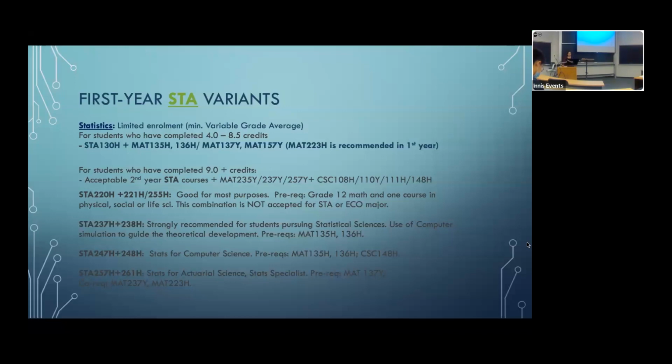You can take the stat 220 series in order to qualify for a major or minor in stats later on. But if you are seriously thinking about actuarial science or data science, then stat 130 is something you want to add to your timetable.